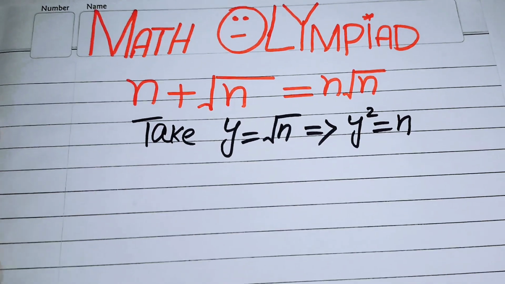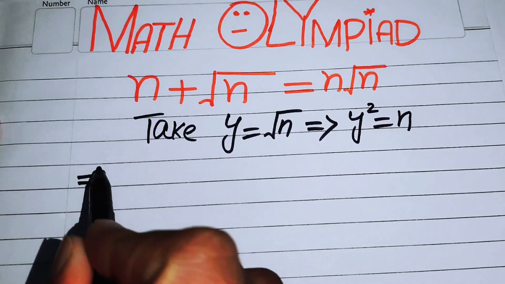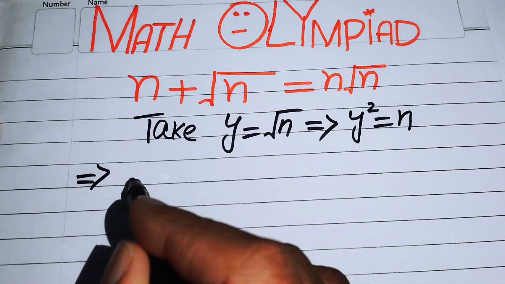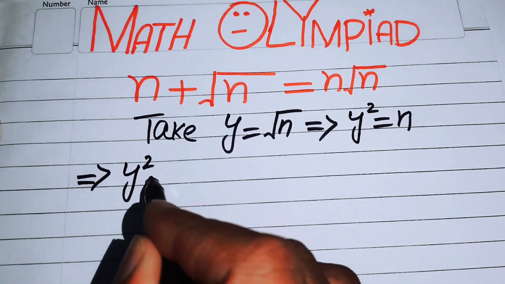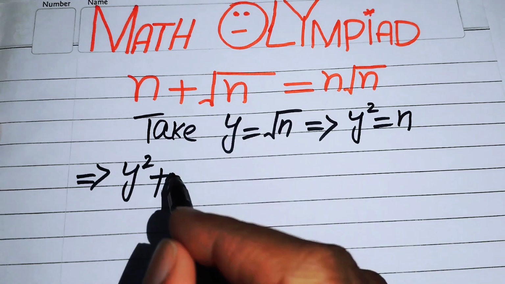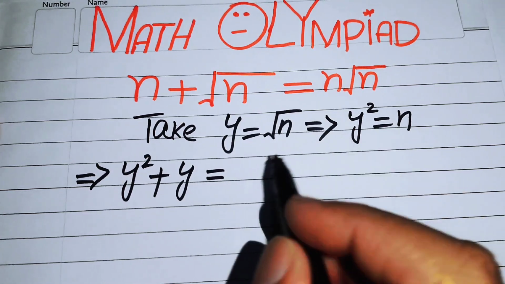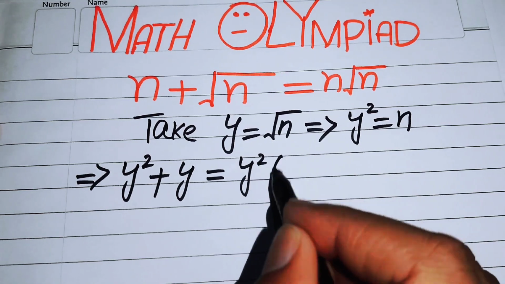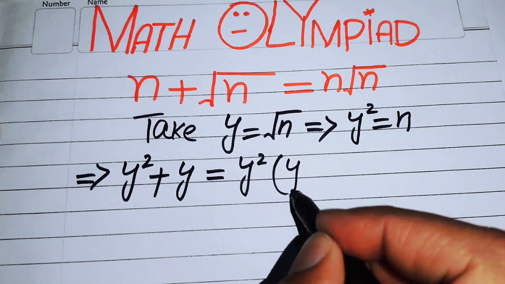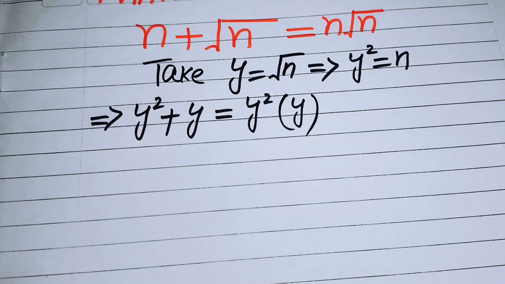So the above equation becomes: n, which is y squared, plus square root of n, which is y, equals n times square root of n, where n is y squared and square root of n is y.